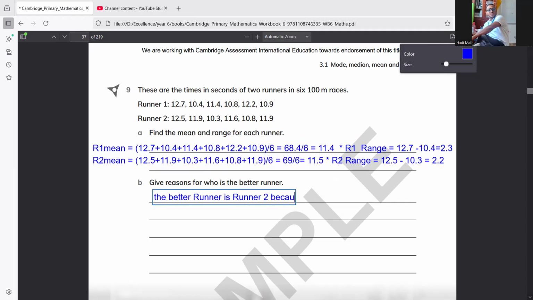because he has a higher mean and his small range.